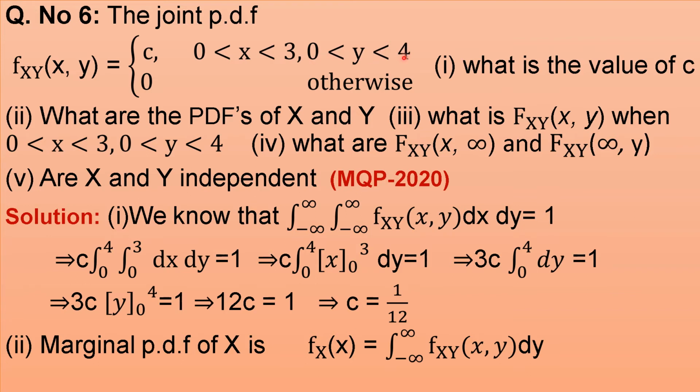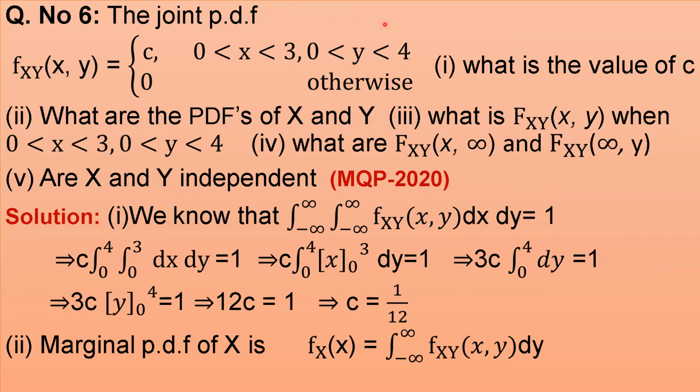So both x and y are continuous random variables. So this will be a bivariate continuous random variable, and this fxy of x comma y is the joint PDF of the bivariate continuous random variable.